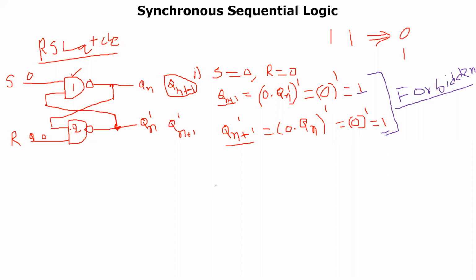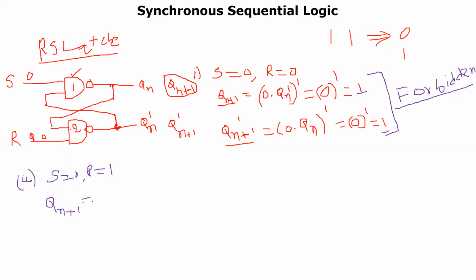This is the first point you need to consider. And in the second stage, stage number 2, let me submit S equal to 0 and R equal to 1. At this stage, you need to identify Qn plus 1 again. The present inputs will be 0 and 1.